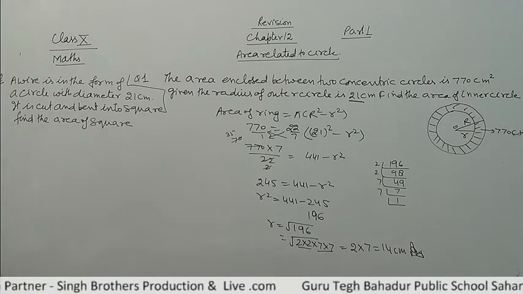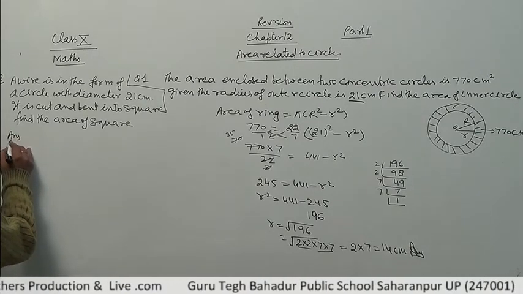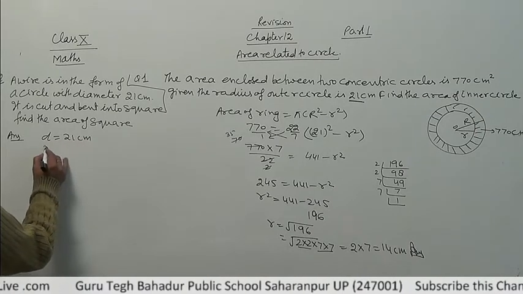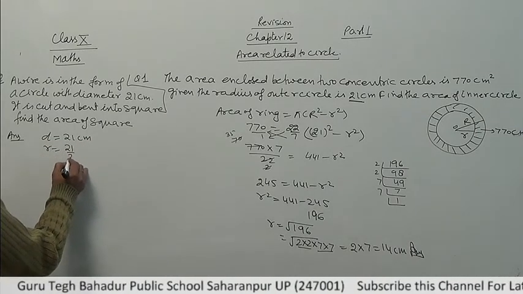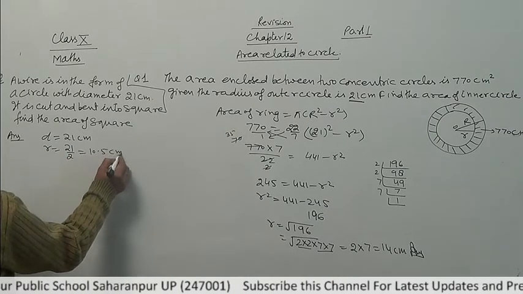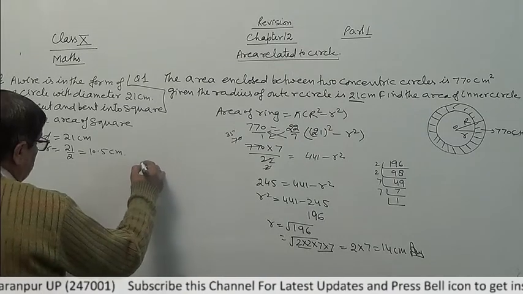A wire in the form of a circle of diameter 21 centimeter, so radius is 21 by 2, that is 10.5 centimeter. This is the circular wire.